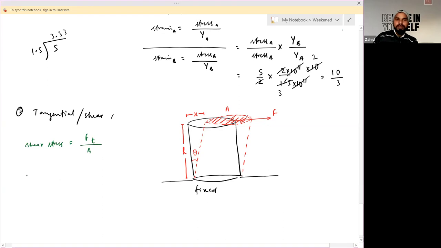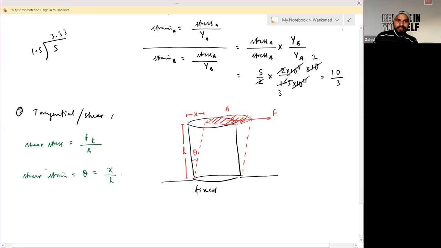Now the corresponding strain developed is termed as shear strain. So it will be just theta, which may be equal to length of path divided by its radius, or perpendicular by base, according to the concept of measuring radian angle.